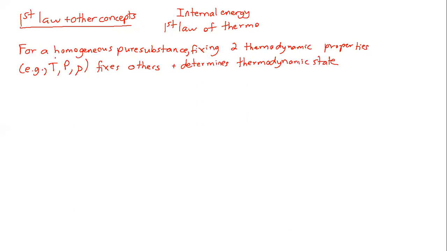Note here it says homogeneous and it needs to be a pure substance. Then this 2 is important for that case. If you have multiple components, so it's not pure, this is not going to be only 2 thermodynamic properties. But for example, say that you have nitrogen at 300 K and 1 bar.